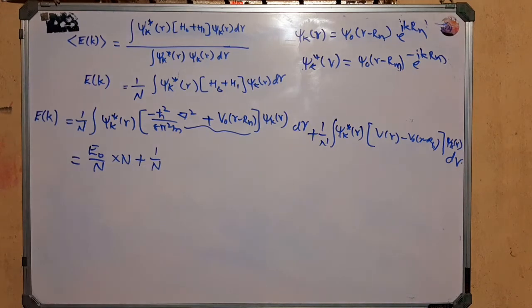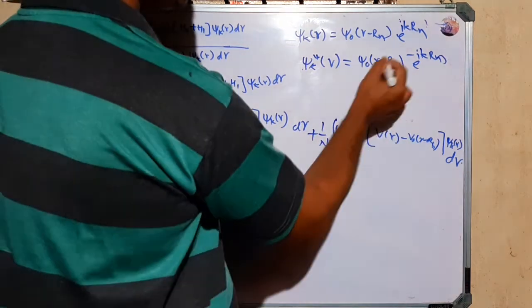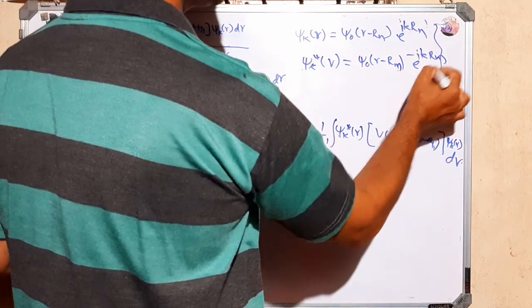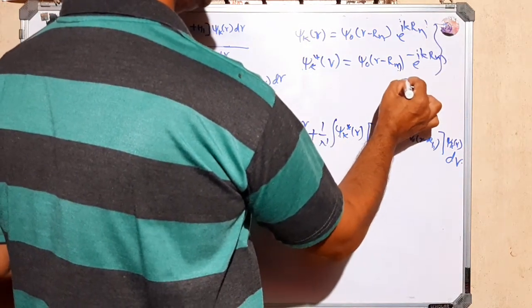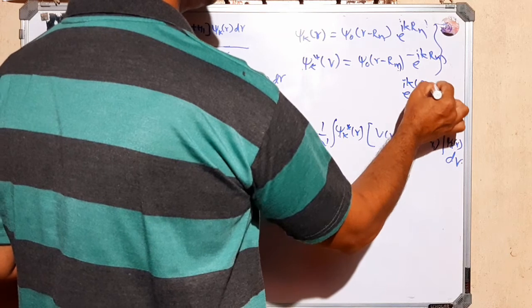Therefore, substitute this. When you multiply these two, the terms become e to the power ik·(Rn minus Rm).